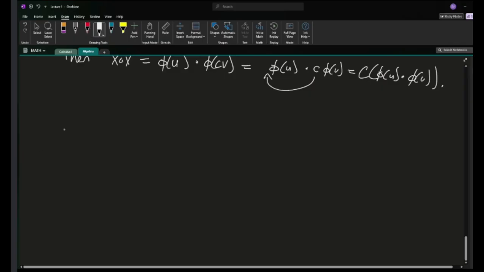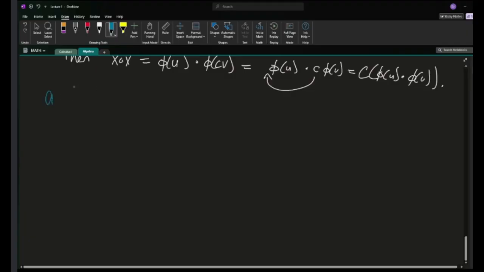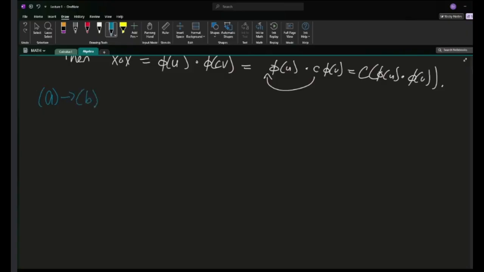Okay. So now our next statement is going to be proving from A to B. So let phi be an isometry that fixes the origin.